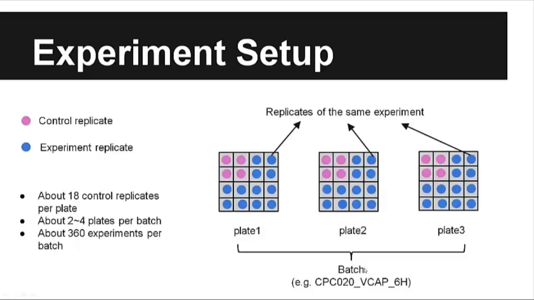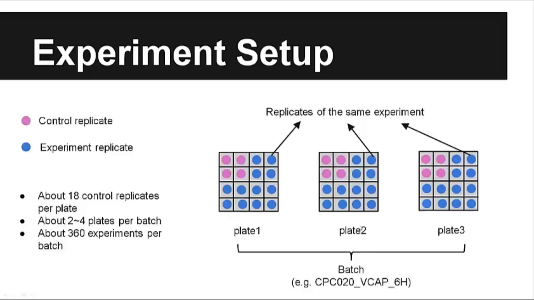So a batch is a group of experiments that share the same plates. So here is a batch of 3 plates, and each plate has control replicates and experimental replicates. I think the Broad arranges the experiment as such.